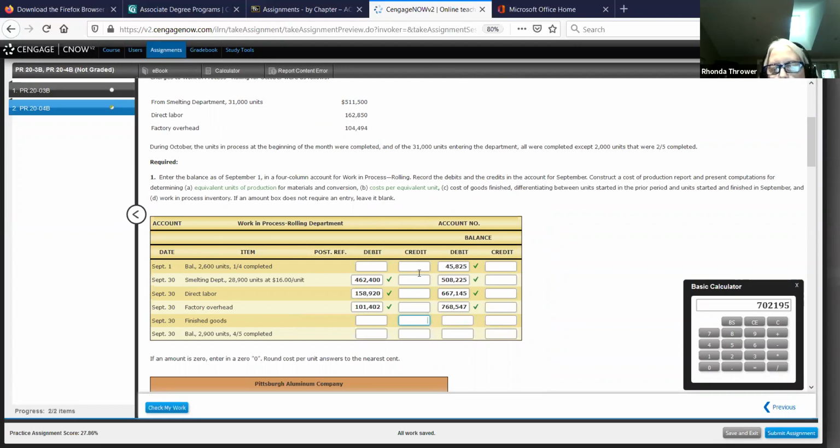We're going to credit our work in process. Why? Because we're reducing the asset, work in process, when we transfer these units and costs to finished goods. So 702,195 is the dollar amount that we sent to finished goods.